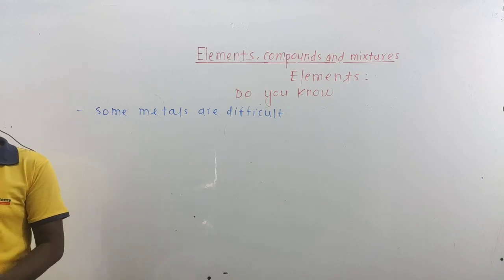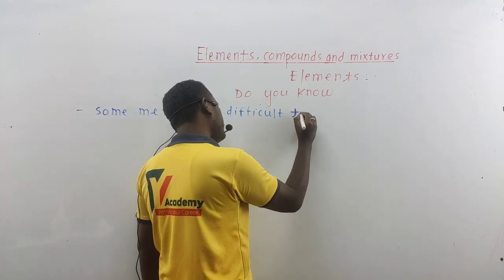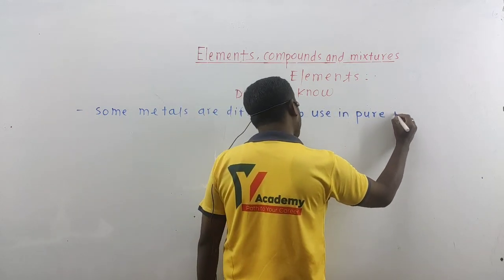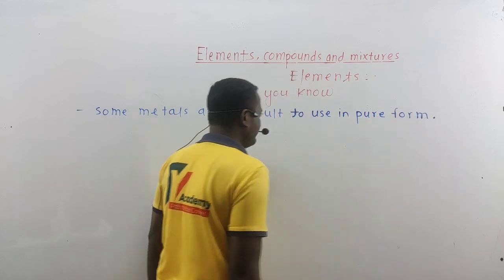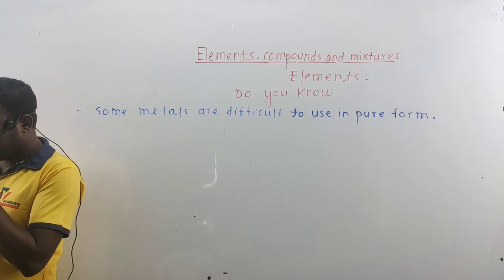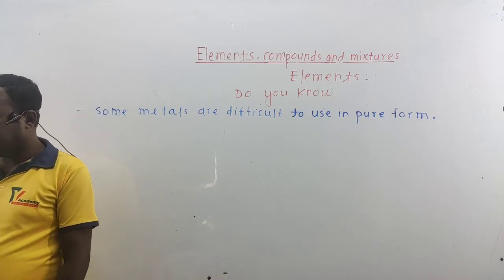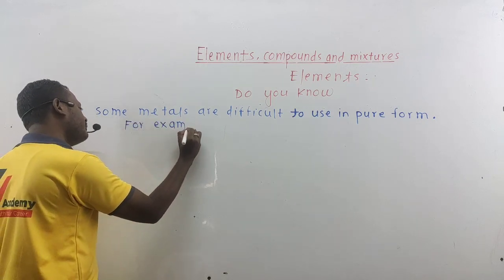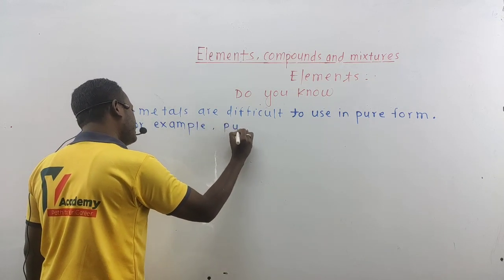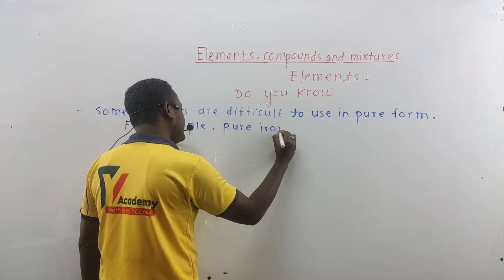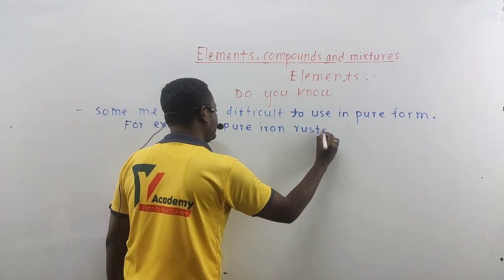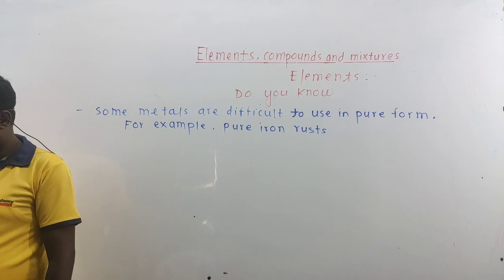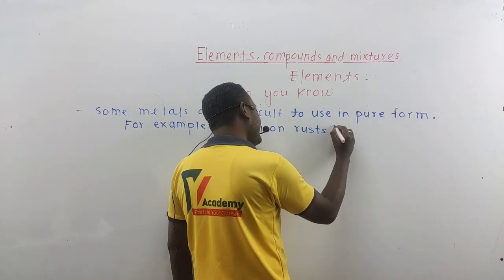Pure metals are difficult to use in pure form. For example, pure iron rusts in air.